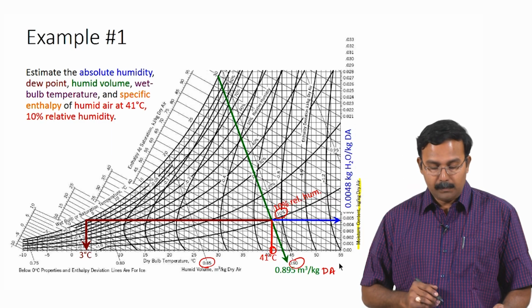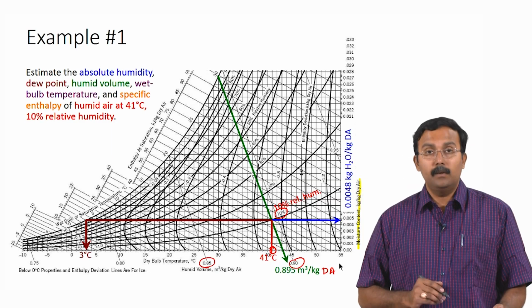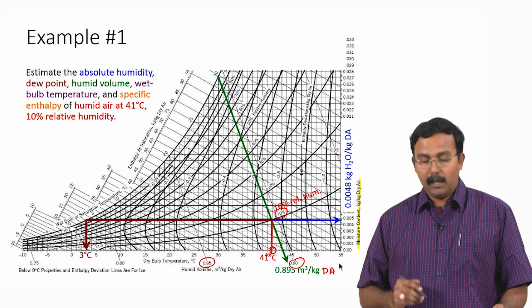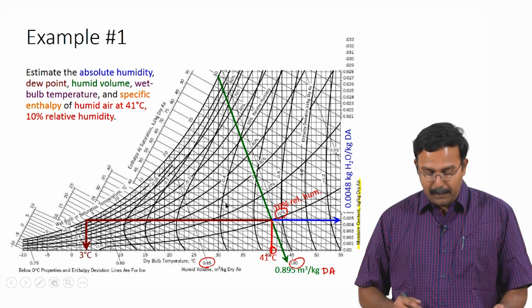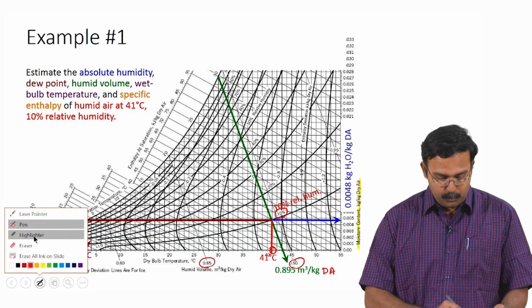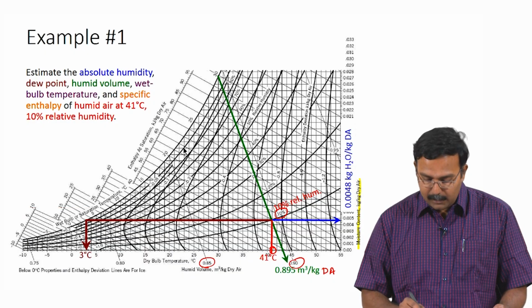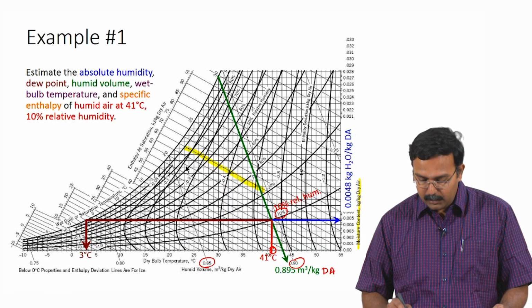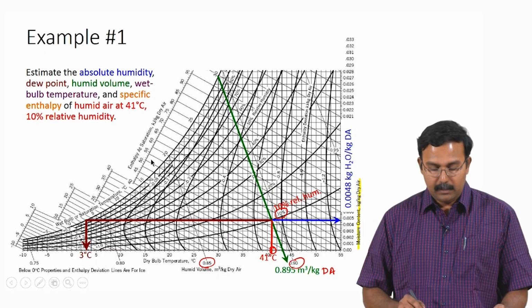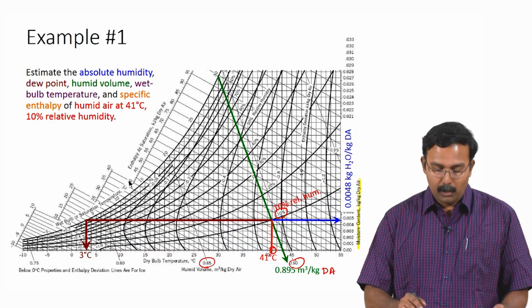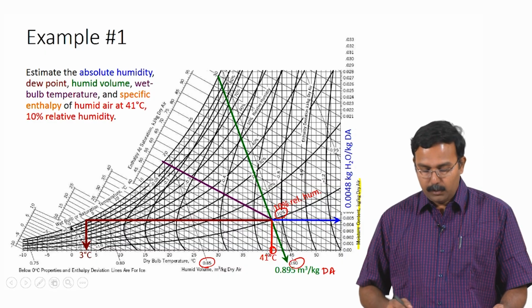Now, the next aspect we need to identify is the wet bulb temperature. For calculating the wet bulb temperature, again we have to draw a slanting line, parallel to these axes that are shown here. That would give us the wet bulb temperature when we go all the way to the saturation curve, which is what I have done here.